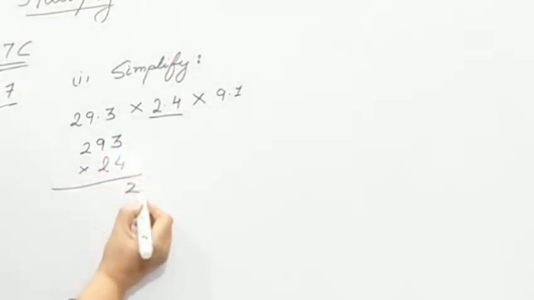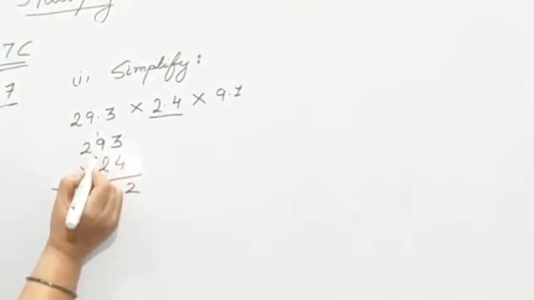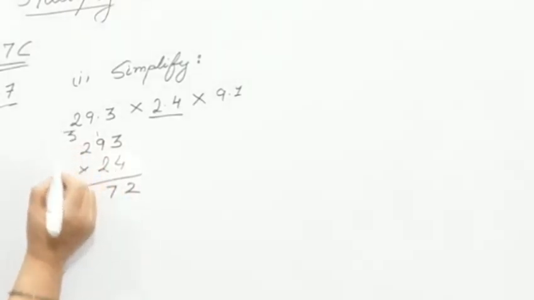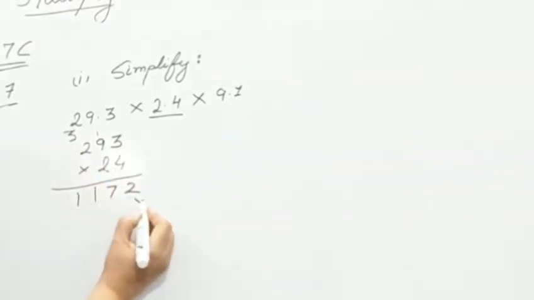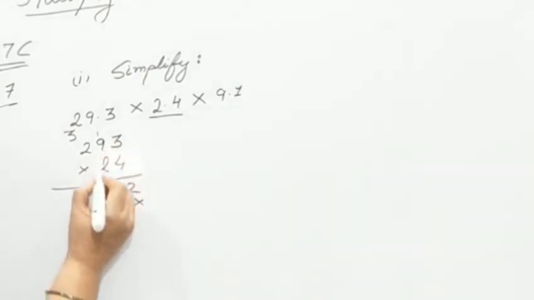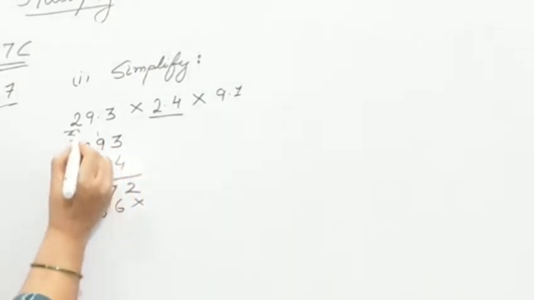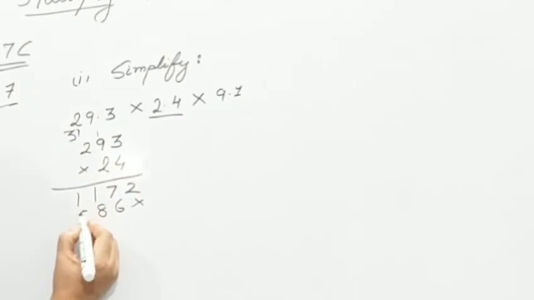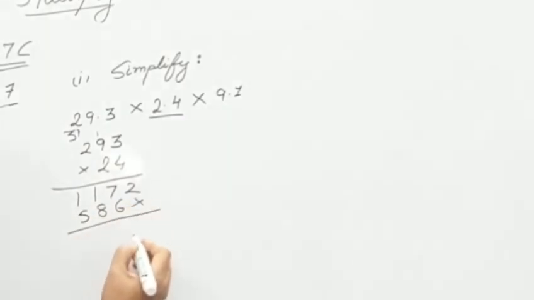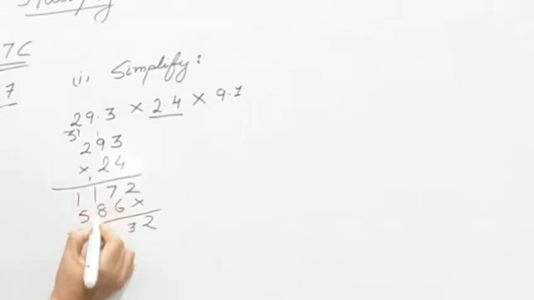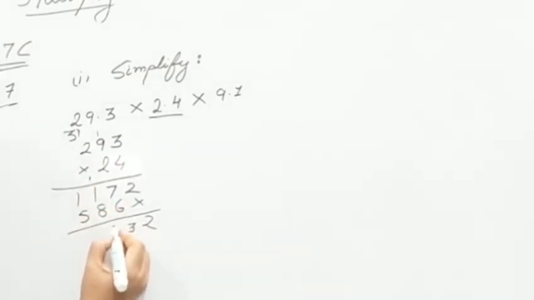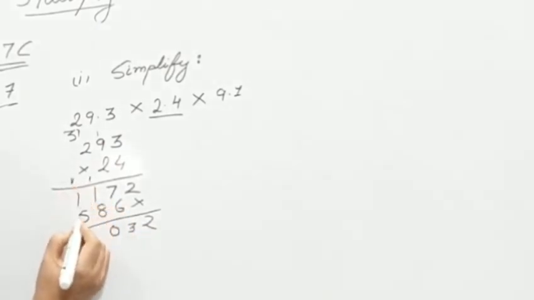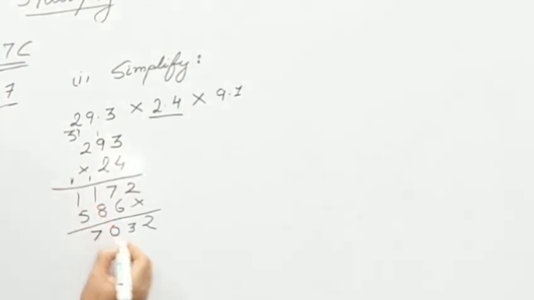4 3s are 12, 1 carry, 4 9s are 36 plus 1, 37, 3 carry, 4 2s are 8 plus 3, 11. Next step, 2 3s are 6, 2 9s are 18, 1 carry over, 2 2s are 4 plus 1, 5. So sum up: 2, 6 plus 7 is 13, 3 down, 1 carry over, 8 plus 2 is 10, 0 down, 1 carry over, 5 plus 2 is 7.